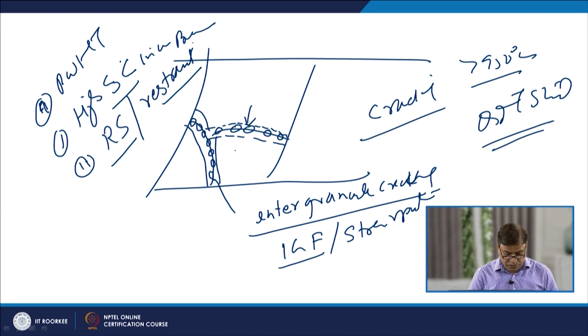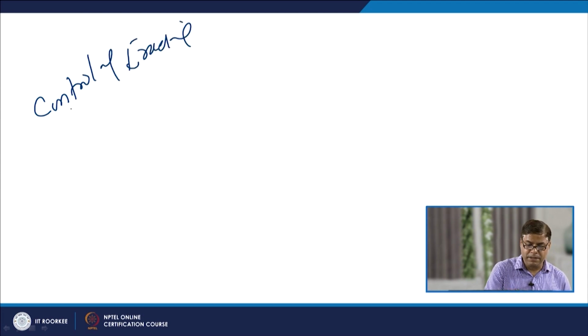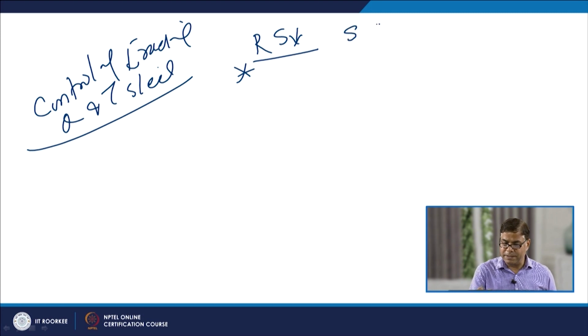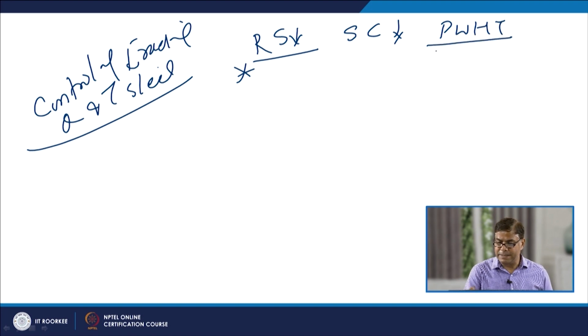So, in order to control the cracking tendency in the Q&T steels, we need to ensure that residual stress magnitude is lowered, stress concentration is lowered, and PWHT conditions are properly established.